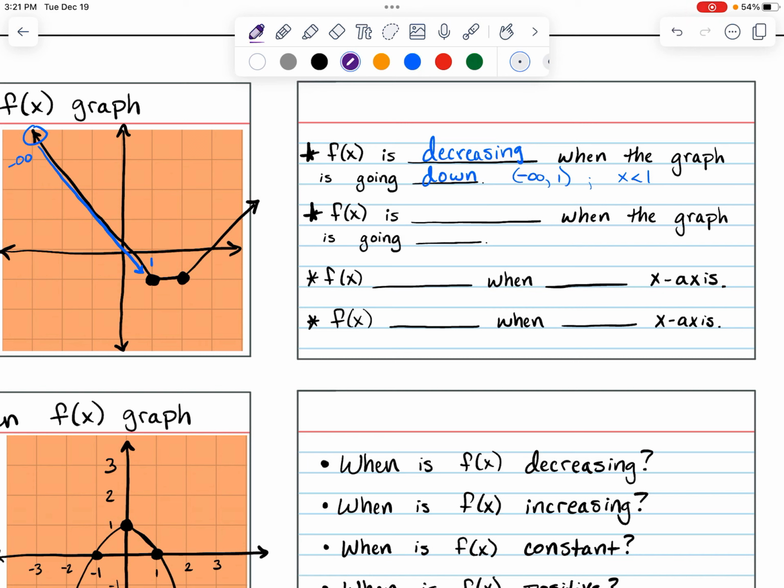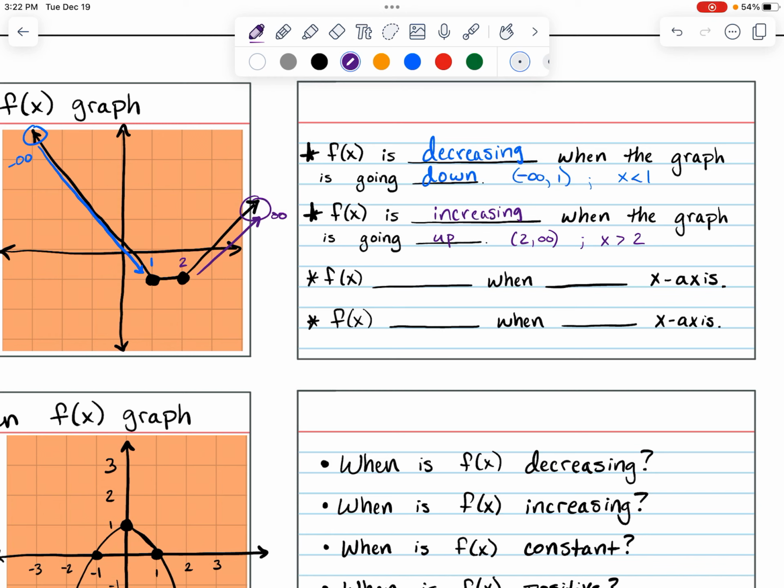Okay, f of x is, I'll do this in purple, so the opposite of decreasing is increasing. f of x is increasing when the graph is going up. All right, so if our graph is going up like it is here, at x equals 2 all the way to infinity, from 2 to infinity, that is when our graph is increasing, or we could say that as x is greater than 2.